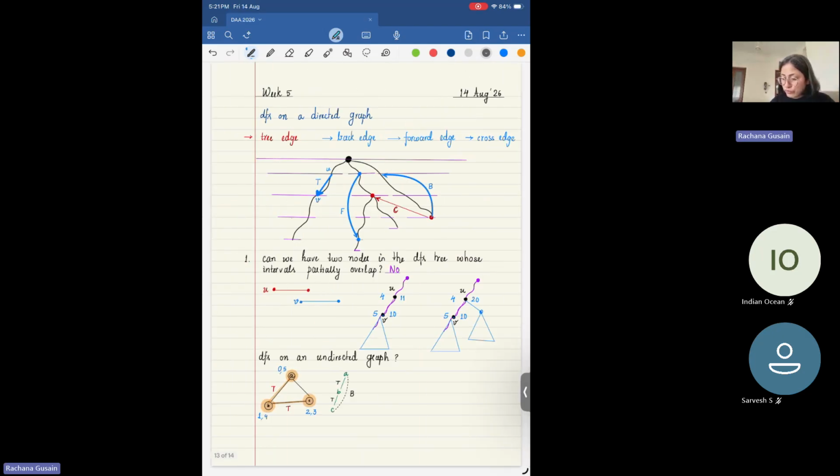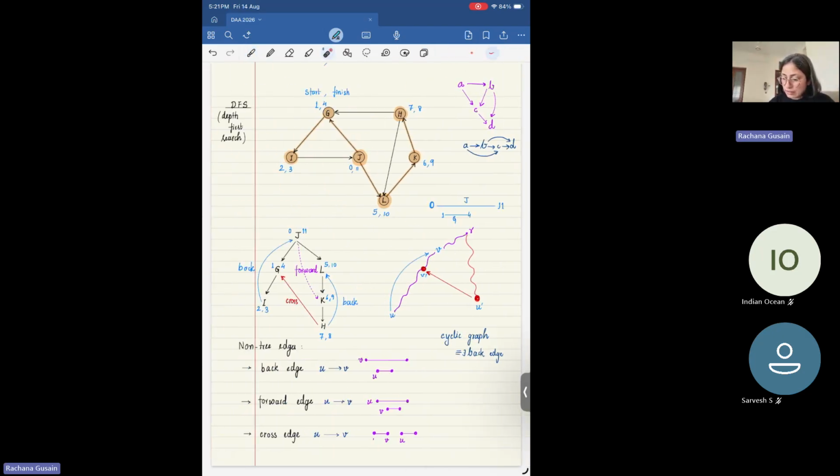So let me first explain what SCCs are. I'll copy this figure.